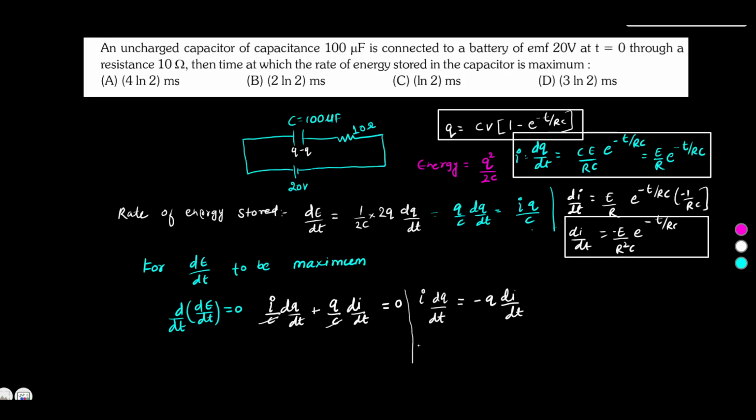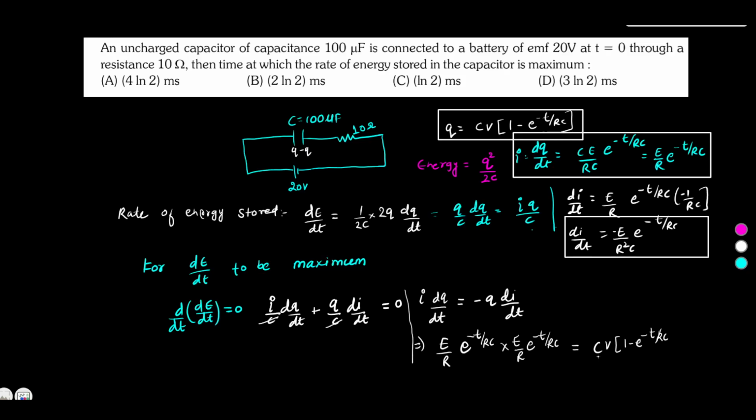Now substitute the value of I, that is E by R e raised to the power minus t by RC, and dQ by dt is again I, so E by R e raised to the power minus t by RC equals minus of Q, which is CE times (1 minus e raised to the power minus t by RC).